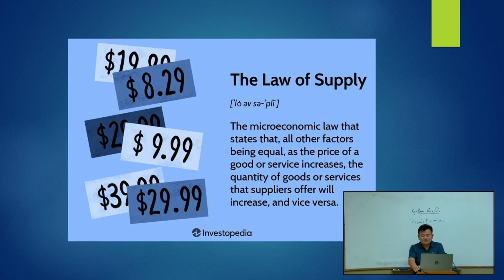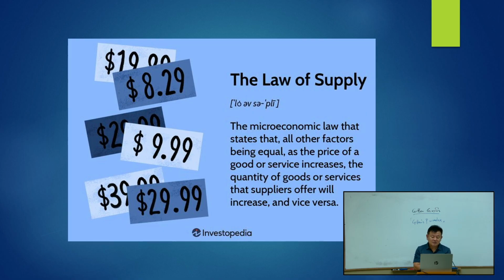As same in demand, the law of supply. What's the meaning? In microeconomic laws, why microeconomic? Because in the domestic market, demand and supply is the only thing we focus on in the microeconomic area.